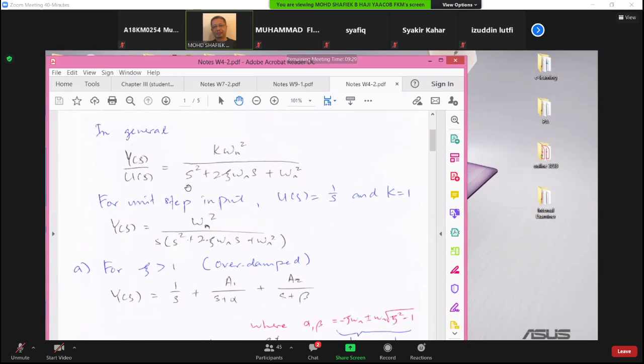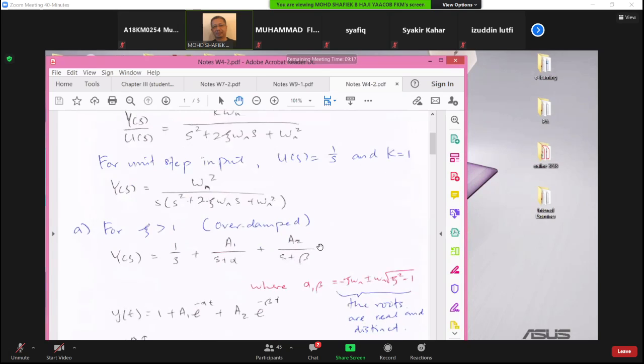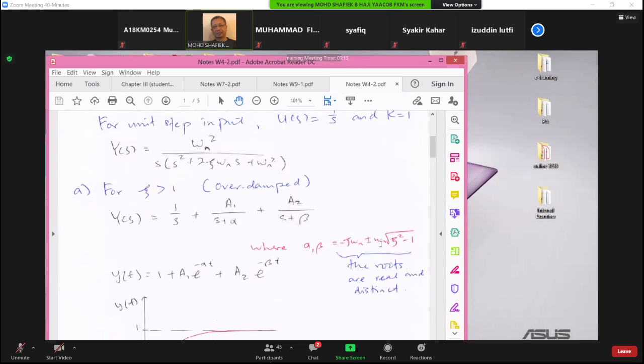The denominator is written s squared plus 2 zeta omega n s plus omega n squared. So the roots of this quadratic equation, we already know that. These are the roots: negative zeta omega n plus and minus omega n times the square root of zeta squared minus 1.